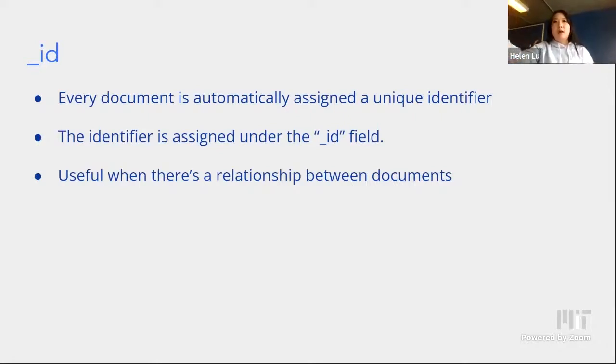For every comment in Workshop 3, we wanted to add a parent identifier. We can just specify the ID of the corresponding story that it belongs to, and that will link every comment in the comments collection to a story in the stories collection.